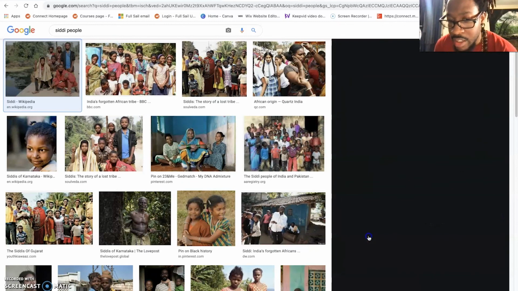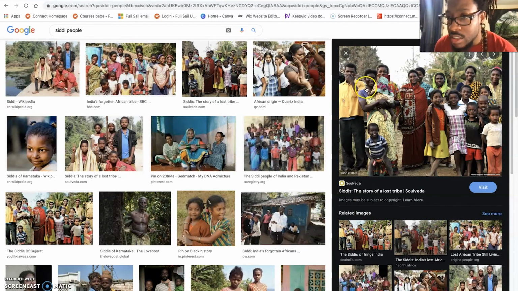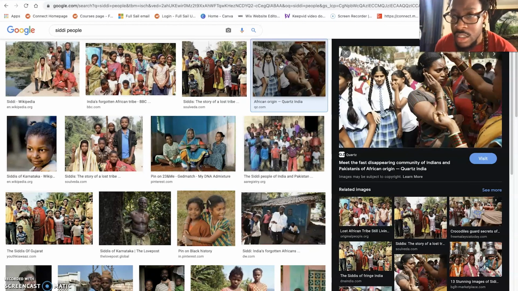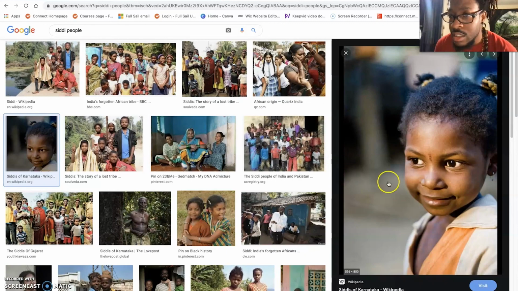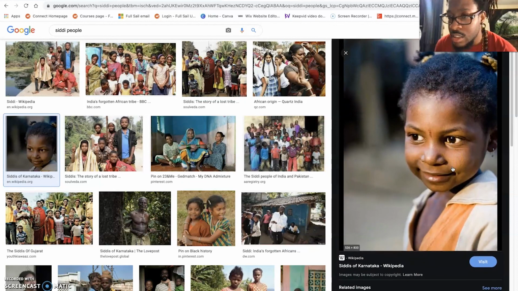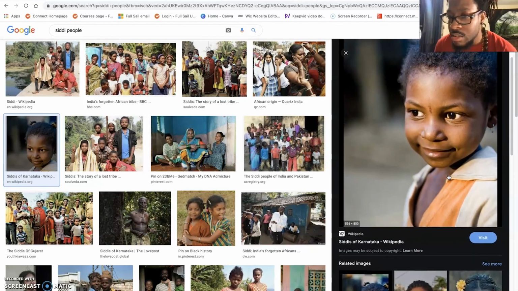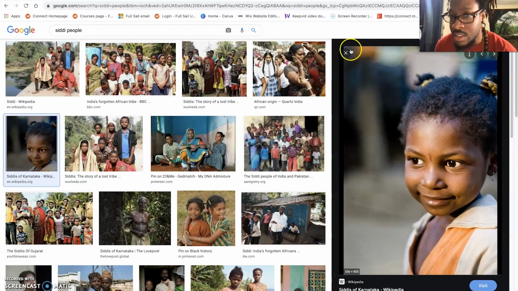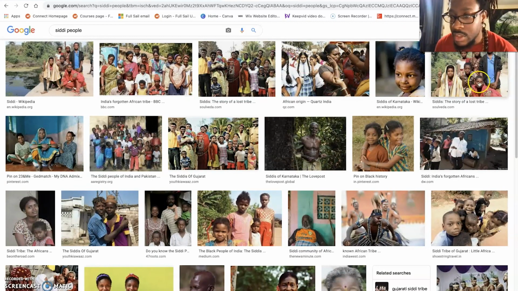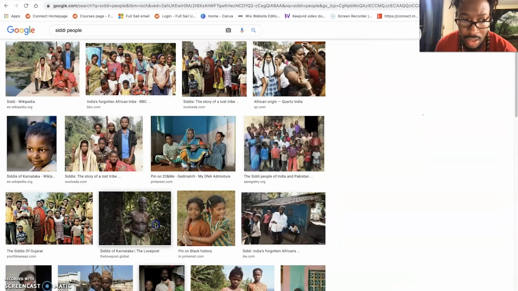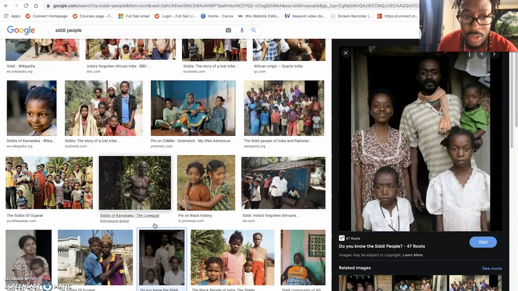They stay in India. Beautiful people. Just some more Hebrews.